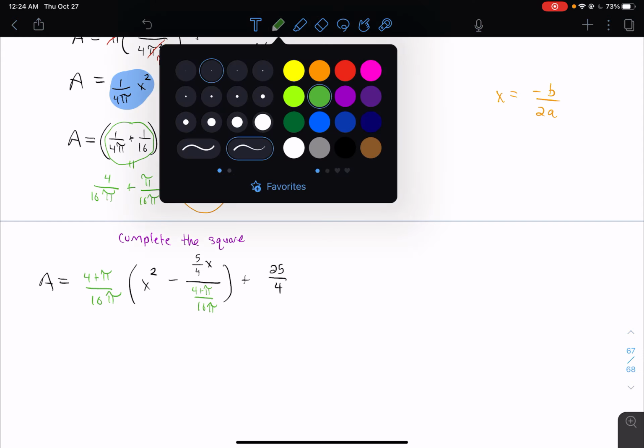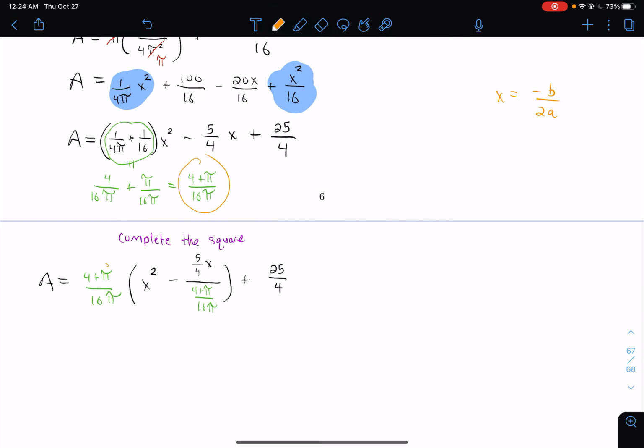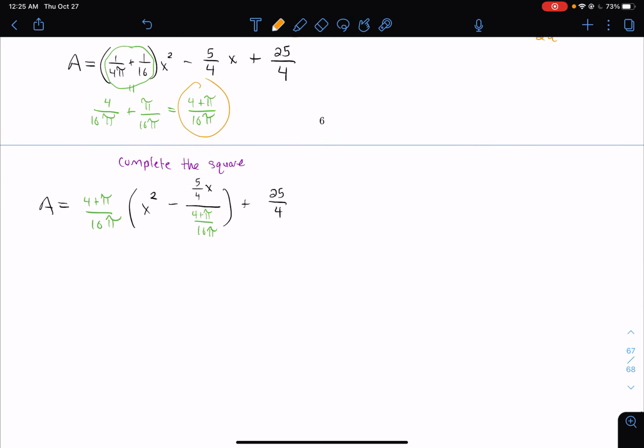And as a reality check, anytime I factor out like that, if I were to distribute back to the x squared, and if I were to distribute back here, when I distribute it to the second term, it would cancel this denominator out and leave me with that minus 5 over 4x like I had before. And that's good. Okay, so let me just erase some of these distribution symbols. So now I'm getting this. Let's simplify. So I got this fraction divided by this other fraction. Let's work out what that is.